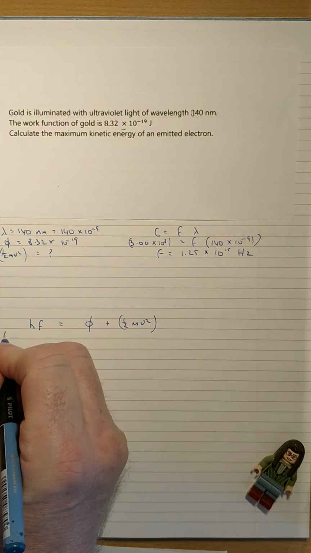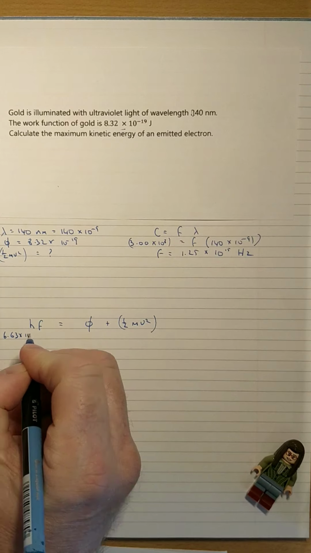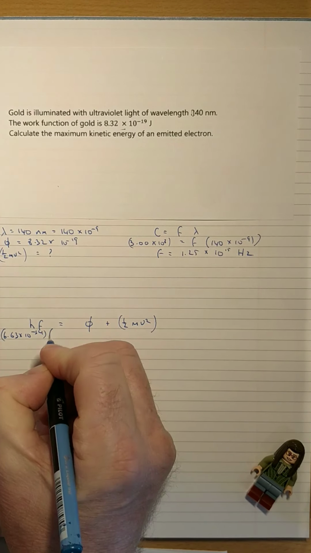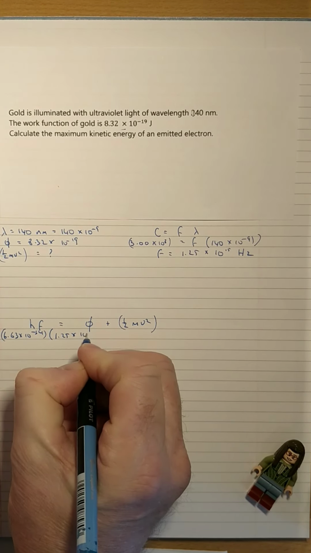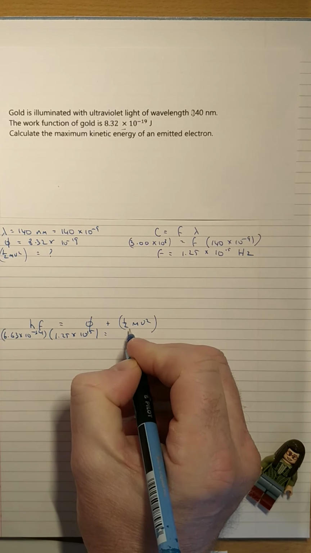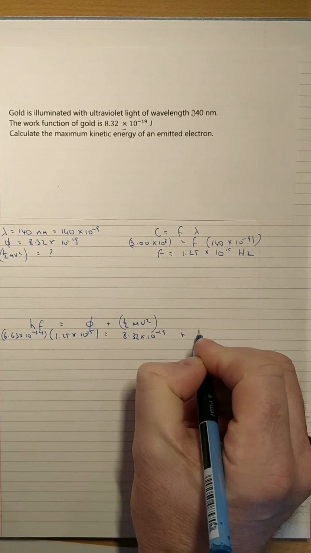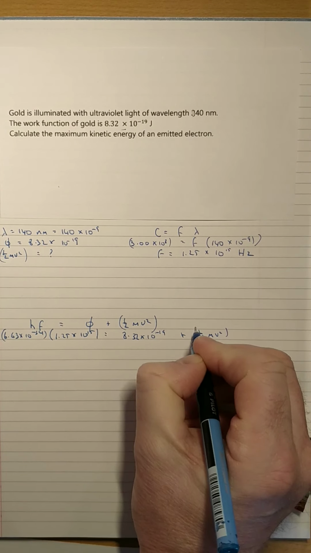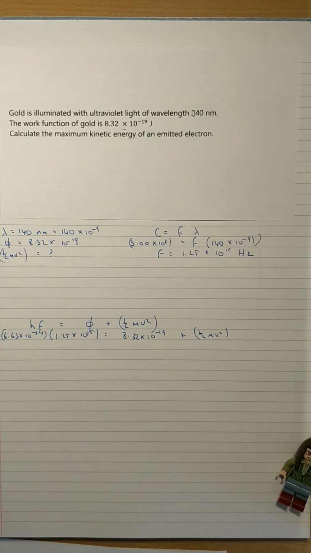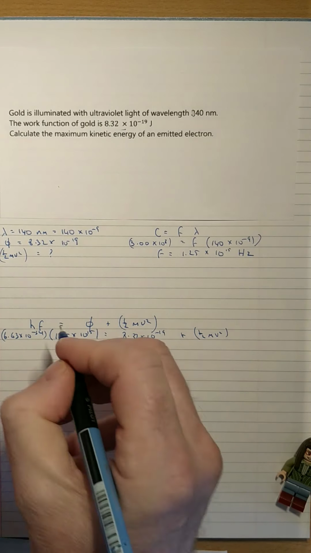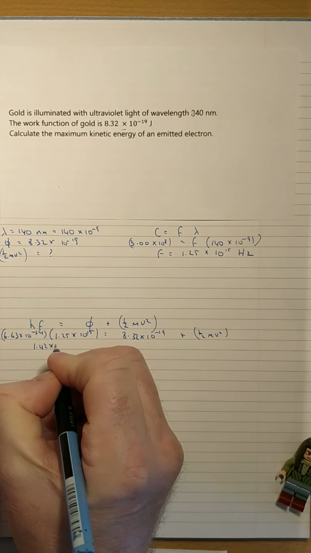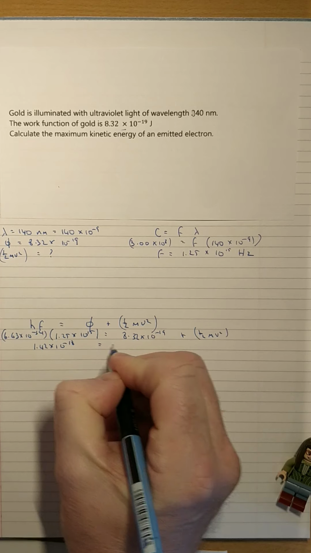So we go down here then: 6.63 by 10 to the minus 34 by our 1.25 by 10 to the power of 15 equals the work function 8.32 by 10 to the minus 19 plus our kinetic energy. So we get 1.42 by 10 to the minus 18. That was the energy of the photon.